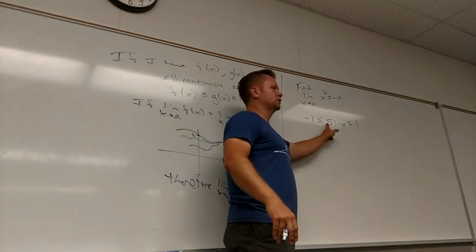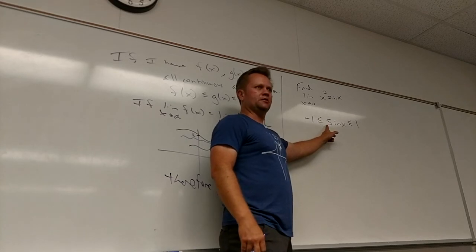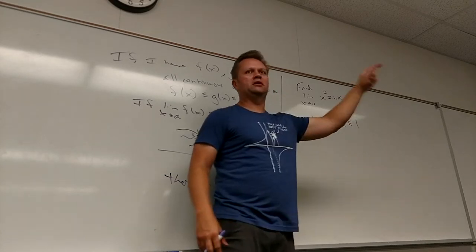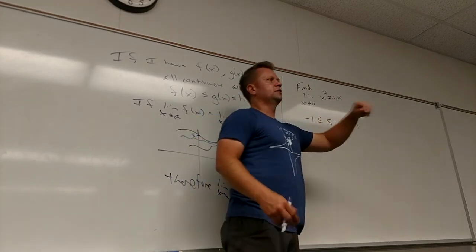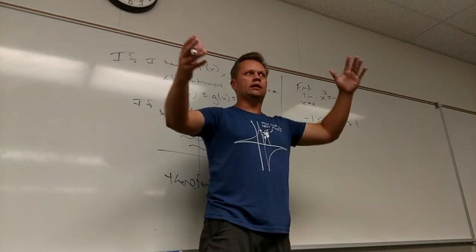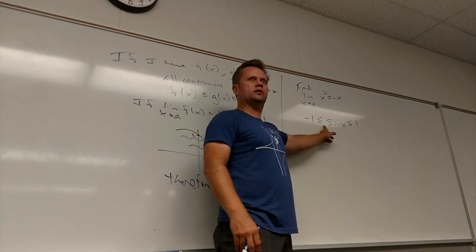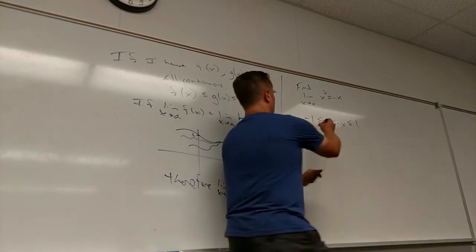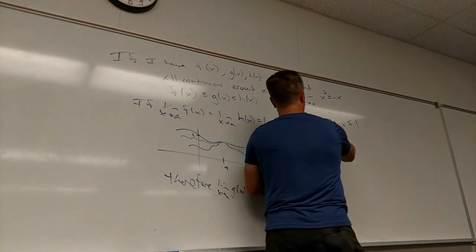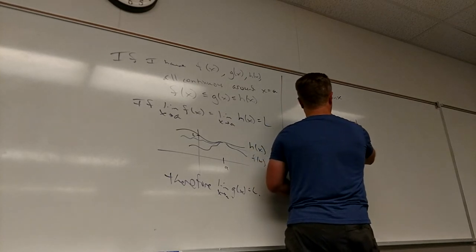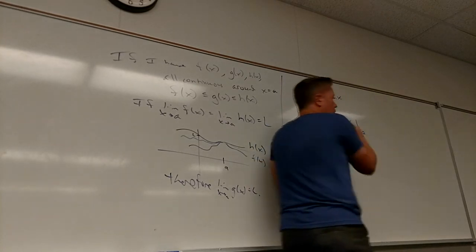What's missing here? What do I do to make it show up legally? Multiply everything by x squared. Why is that allowed? Because x squared is always positive. It's not going to mess up the inequalities, right? So this will be negative x squared less than or equal to x squared sine x, less than or equal to x squared. Is everybody cool with what I've done so far?